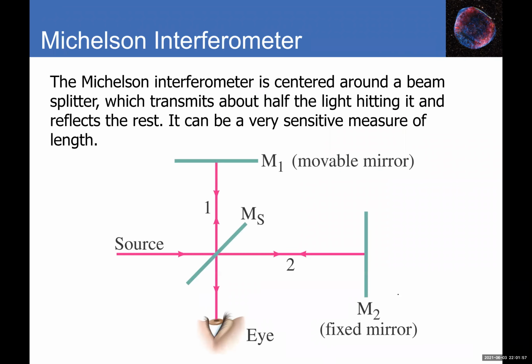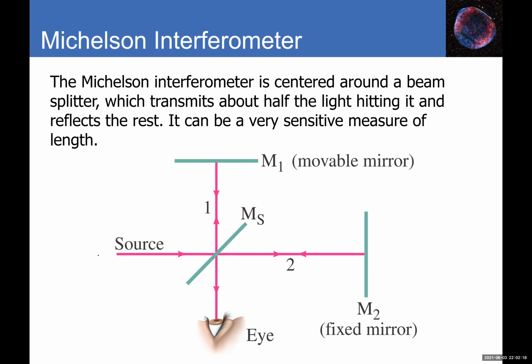All right, so the next few things are just optional extra information. Here we have a Michelson interferometer. So this is just an experiment that allows us to make very precise measurements of length.